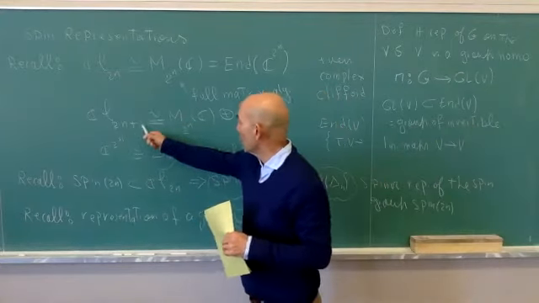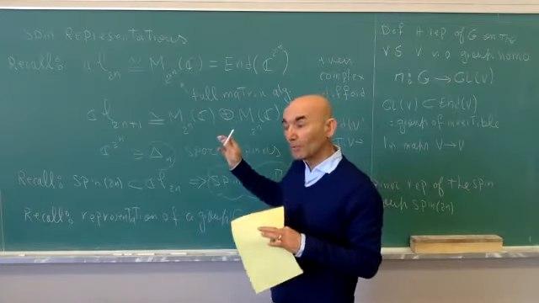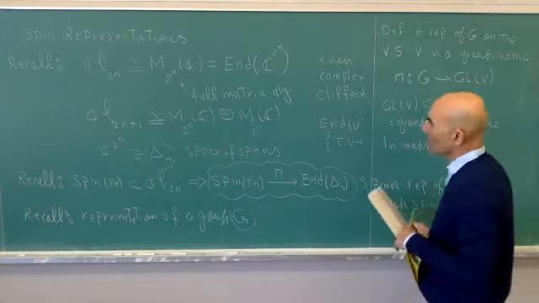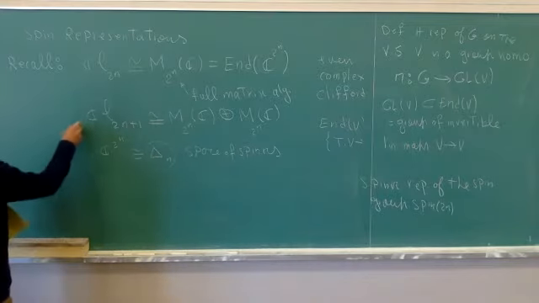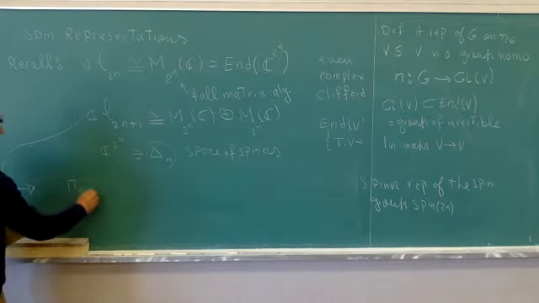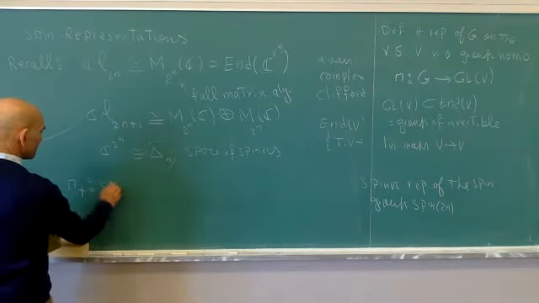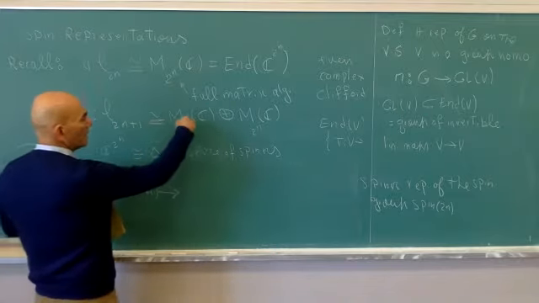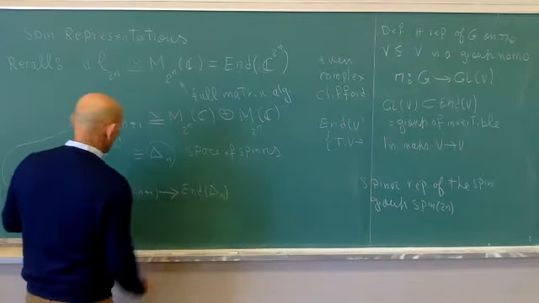You can go into this factor, or you can go into the other factor. So you have two representations. Let me write it. This gives you pi plus from Spin 2n plus 1 to, again, endomorphisms of delta n.